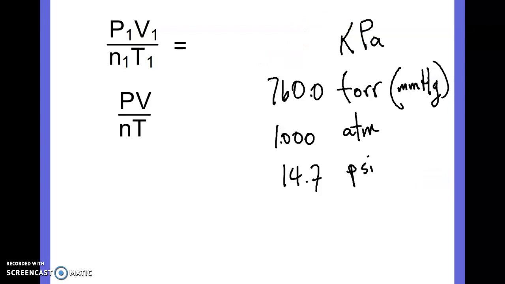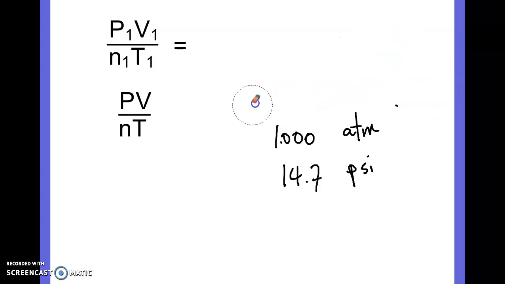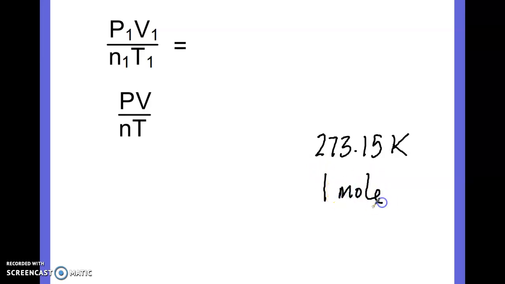So we can take these and set these all to standards, right? And then we know standard temperature is 0 degrees Celsius, or 273.15 Kelvin. Standard number of moles, we keep this simple, is just 1 mole, which is equal to a very large number.